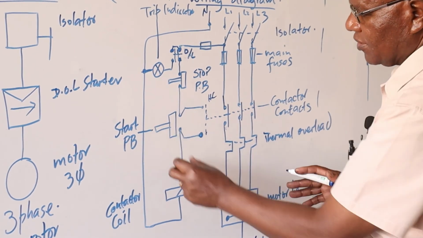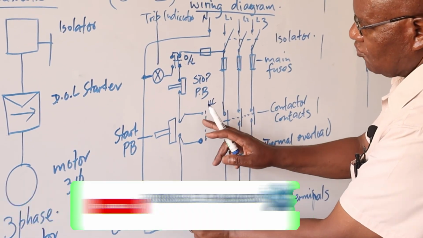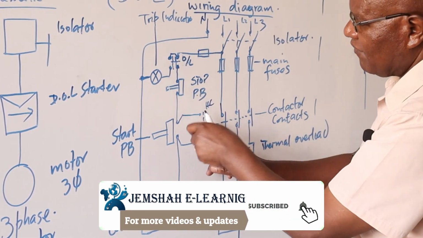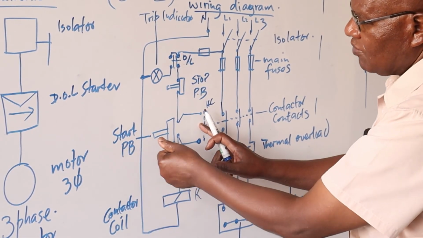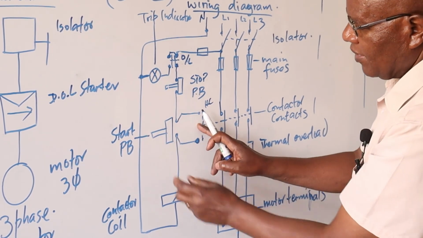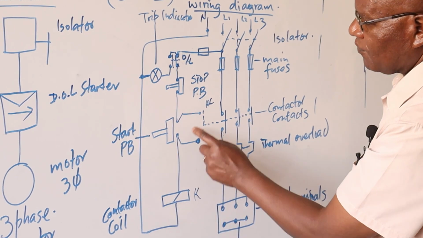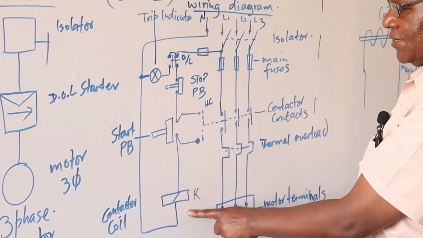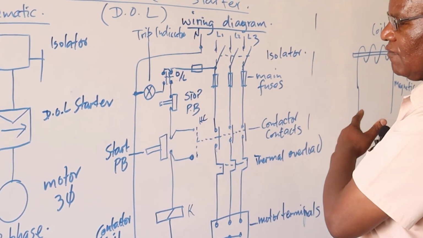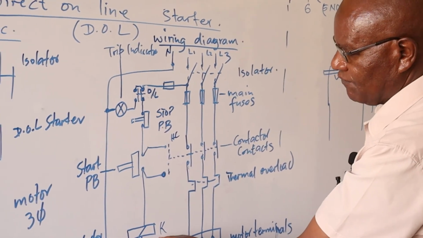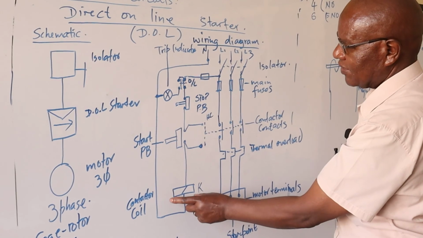So when you push it, this contactor energizes. This contact here, when it makes, means there are two paths available, such that when you release your push button, this one will open, but this one will be kept energized through this contact here, which you call the hold-on contact. And remember, in the four conditions we said, if there is an emergency, we need to interfere with the hold-on coil circuit.